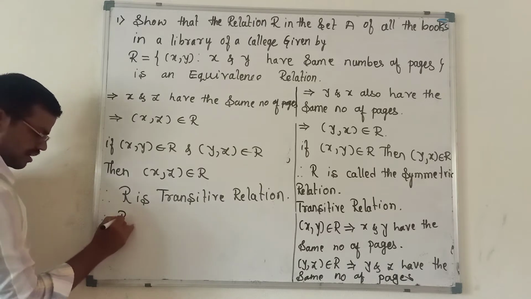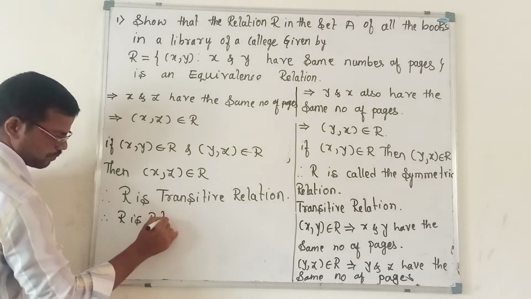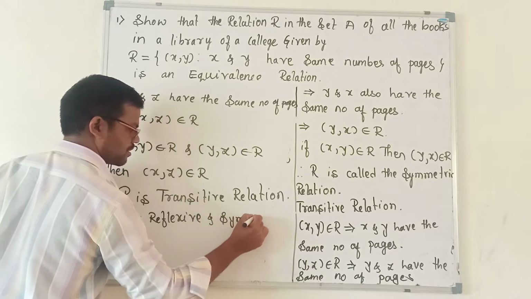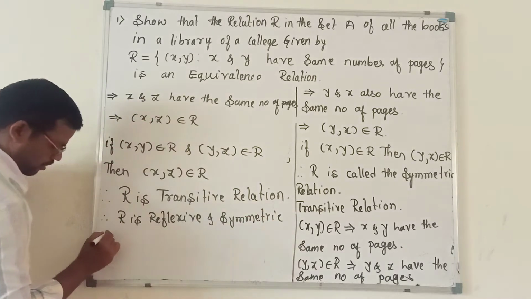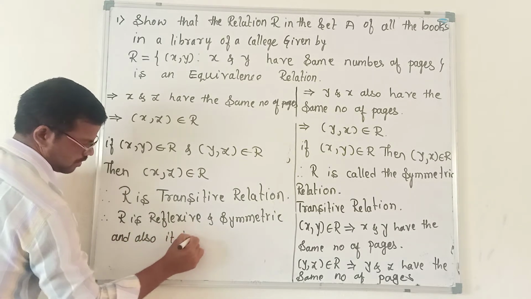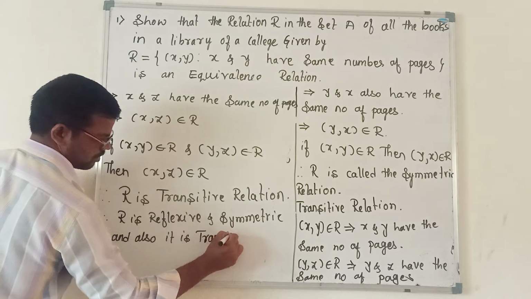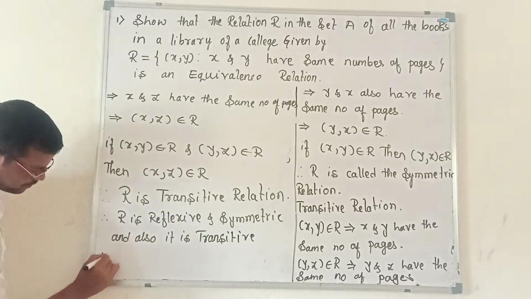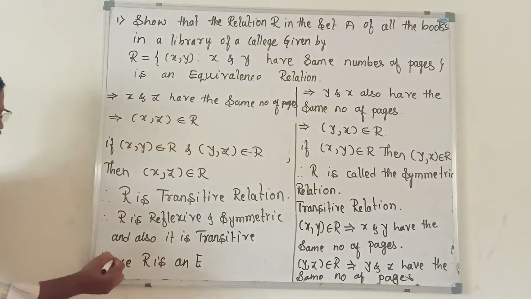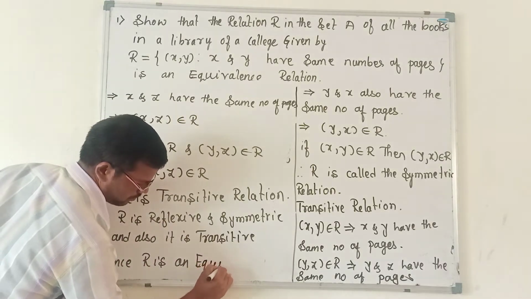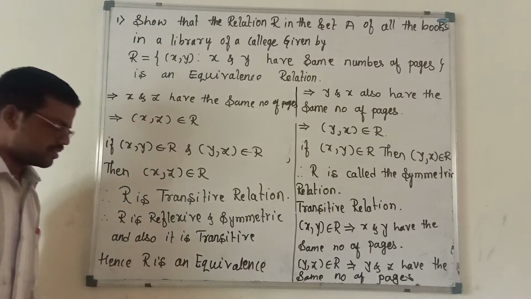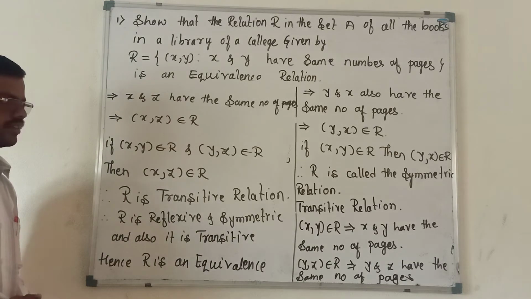Therefore, R is reflexive, and symmetric, and also transitive. Hence R is an equivalence relation.